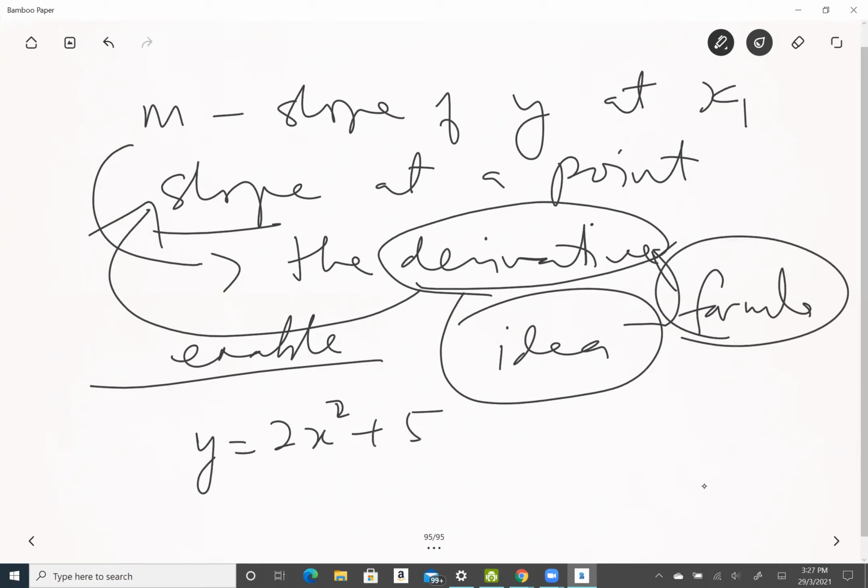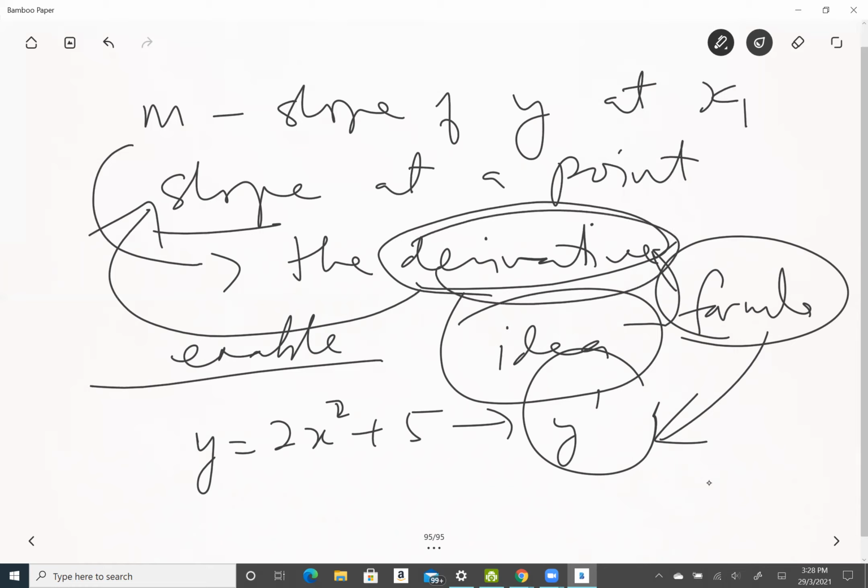How do we get the derivative? To get the derivative, we are given formulas. We are going to summarize the formulas next class. Then once we have the formulas, we will look at an example, get the derivative, and see how you find the slope at the point. Any question?